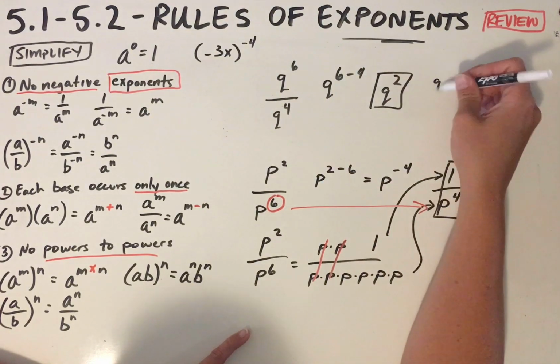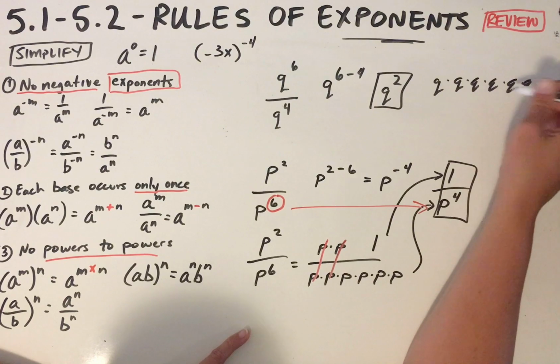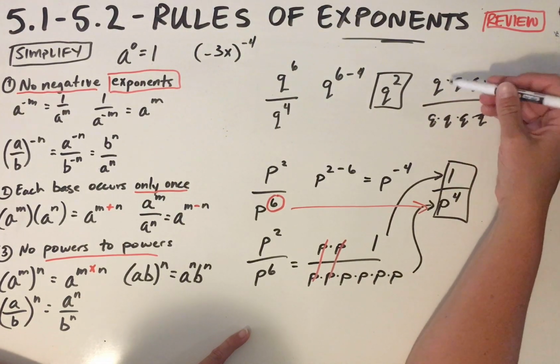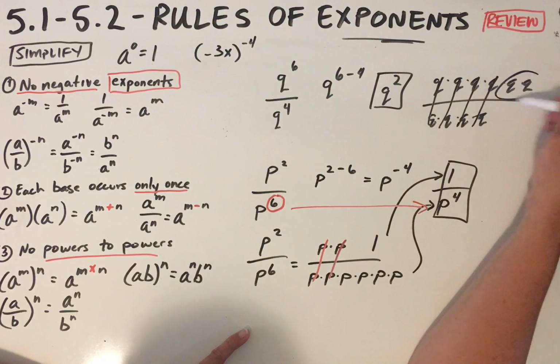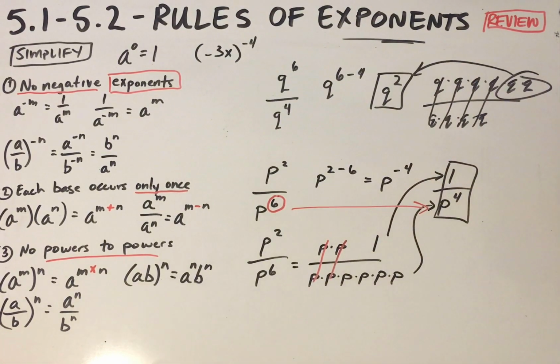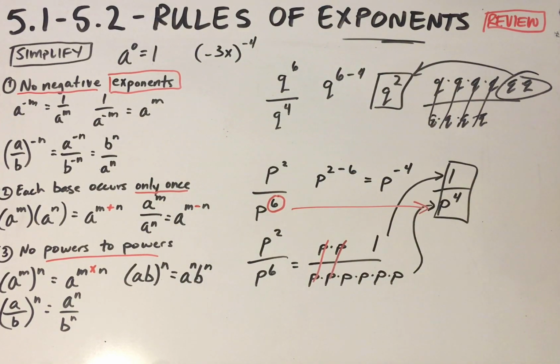You can see that there's 1, 2, 3, 4, 5, 6 of these q's upstairs, and 1, 2, 3, 4 downstairs. These will all cancel, and you can see that those two q's are right here, still needing to be written in exponent form. So this is making sure that each base occurs only once.